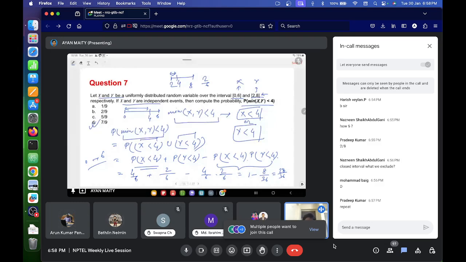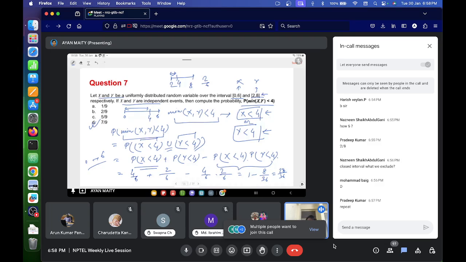And in case of probability, or is simply union. This has been taught in the probability classes, that you can replace or with union, and with intersection. So either x is less than 4 or y is less than 4. So we can use union to join these two events.